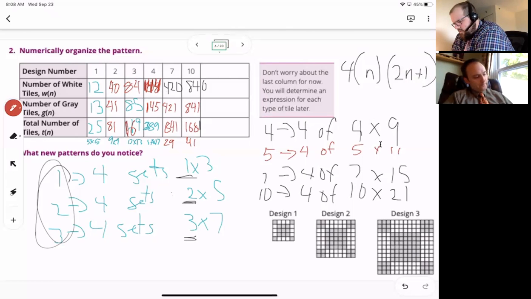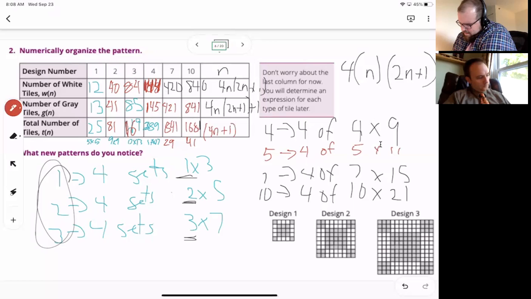So this is 4n, 2n plus 1, if we make this an n column. And then this is 4n, 2n plus 1 plus 1. And then the total number, the way that we did this was say each side was 4n plus 1 because we quadrupled and then added 1. And then we multiplied that by itself. So another 4n plus 1.